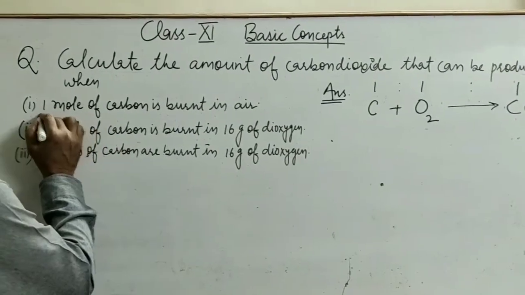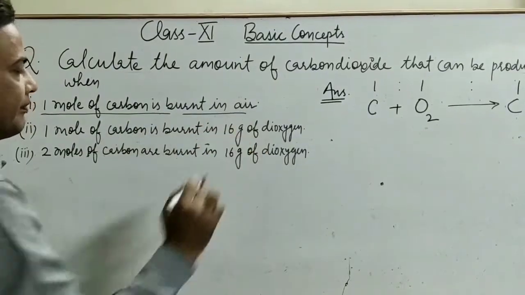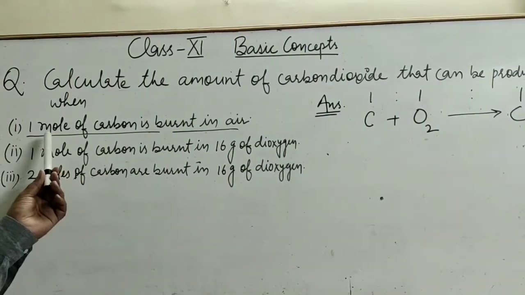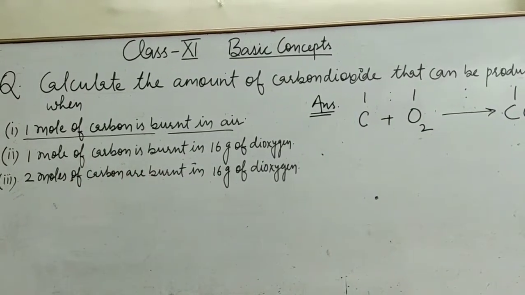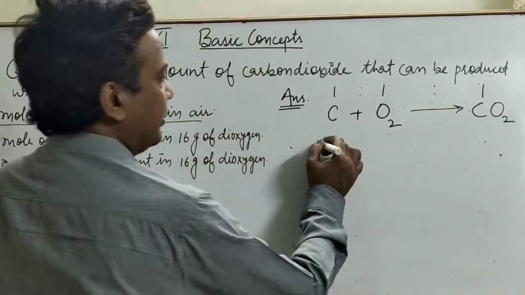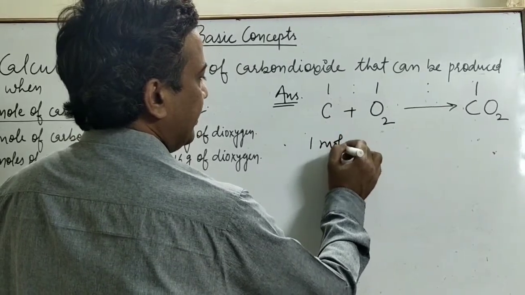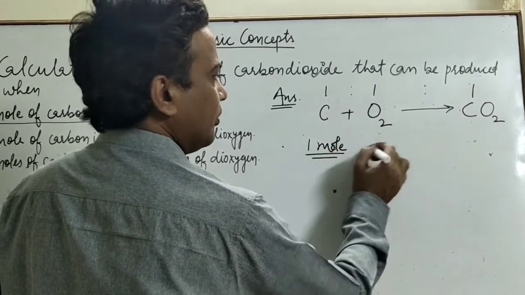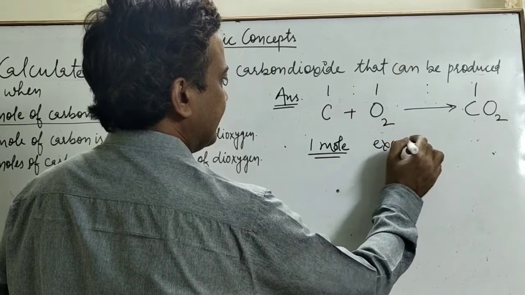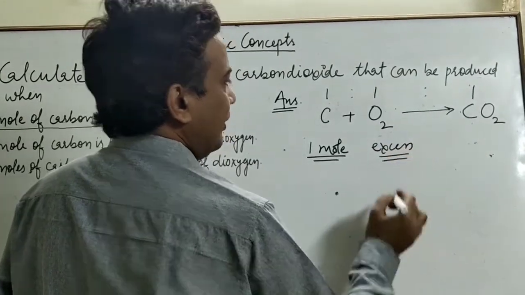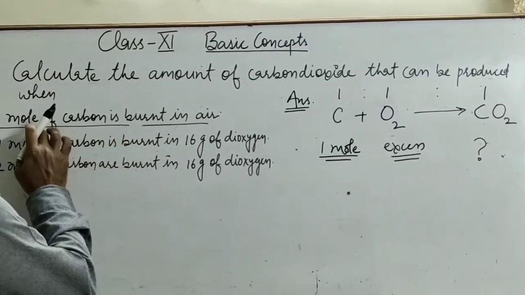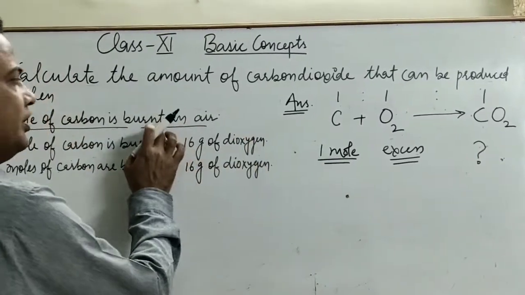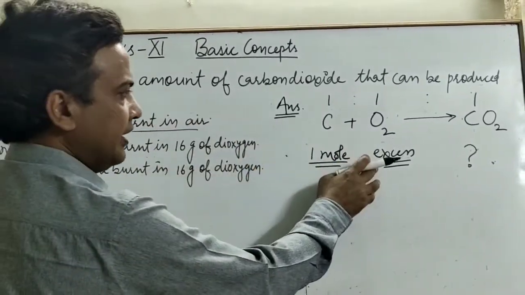Let's see the first part. In this case, 1 mole of carbon is burnt in air, means carbon taken is 1 mole. Air is not given, it means oxygen is there in excess. And you have to find out carbon dioxide. Case 1, carbon is 1 mole, oxygen or air not given, it means in excess.